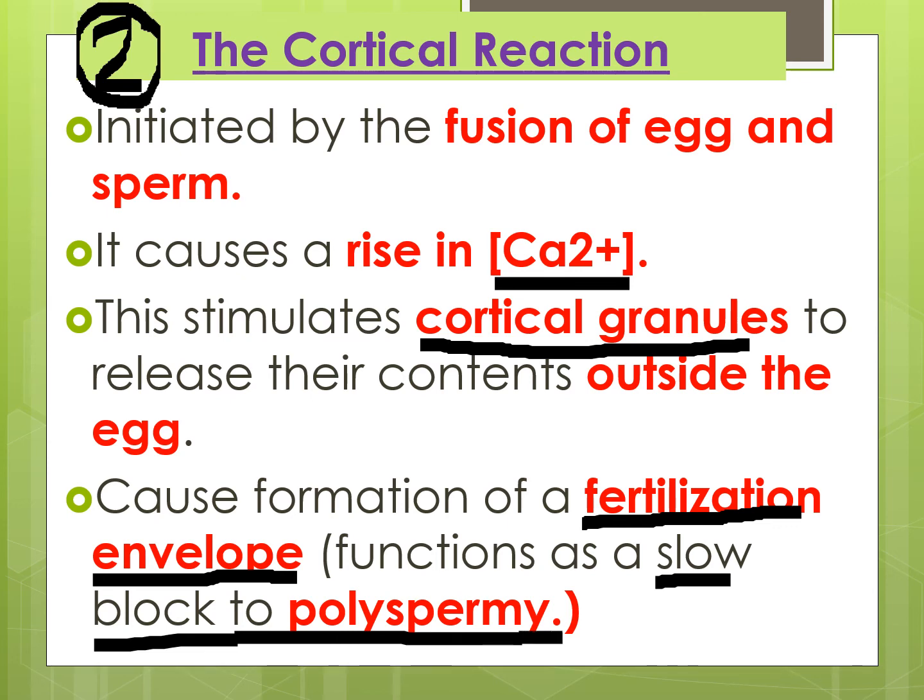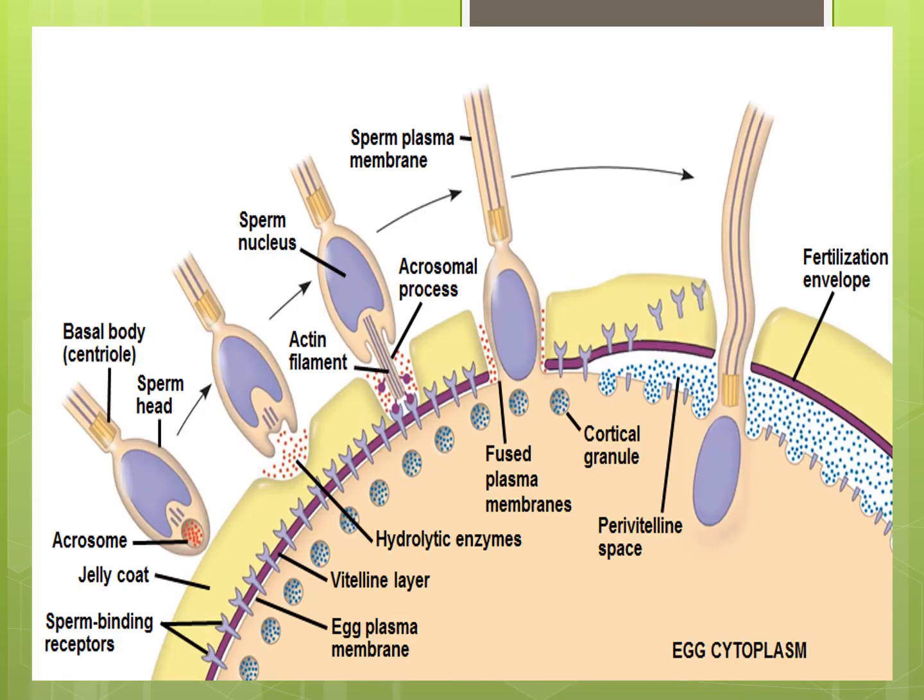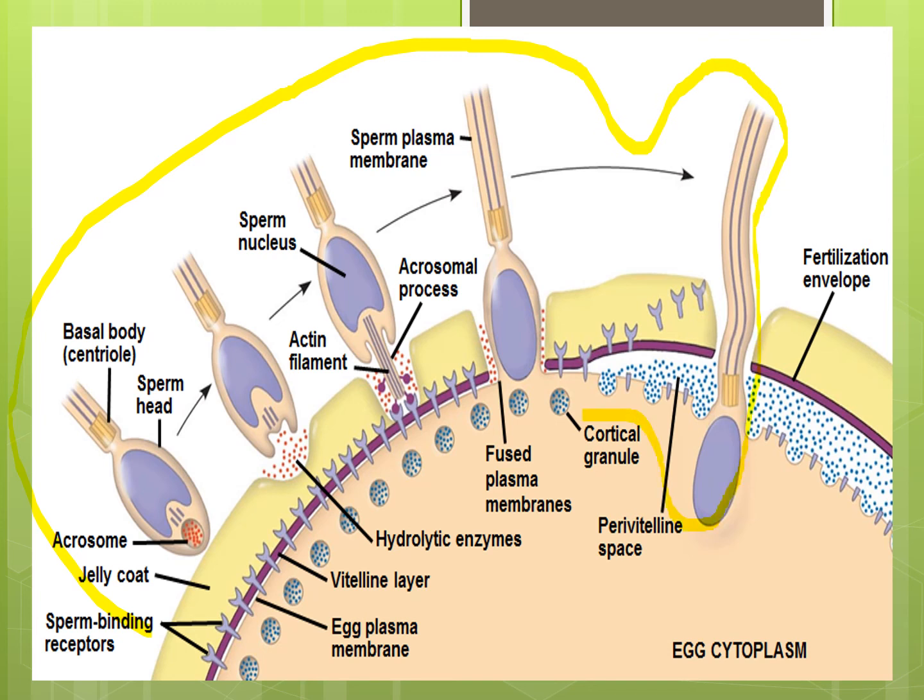So what does this look like on a diagram? Remember that this entire process that I've now highlighted in yellow is your acrosomal reaction. And as that is taking place, at the same time, in the region where your sperm is meeting the egg, your cortical granules start to release those calcium ions.